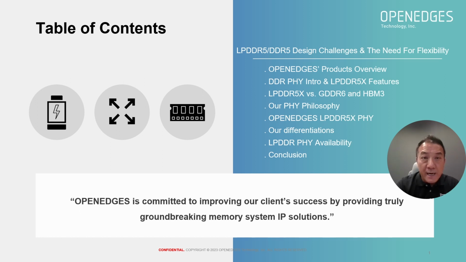We'll also take a step back and take a look at the strengths of LPDDR5 and 5X when compared to GDDR6 and HBM3. We'll then dive into OpenEdges' PHY development philosophy and go into details of our PHY architecture and our differentiations. We'll conclude the talk on our LPDDR5 availability today. So let's dive in.